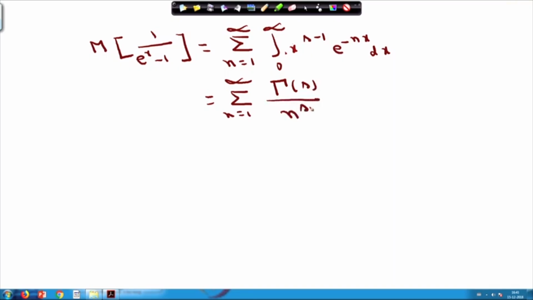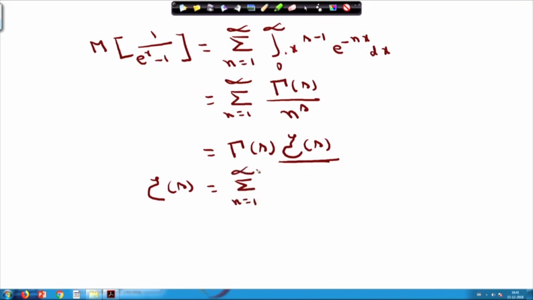I am not going into how I come to this, because these are standard integration results, so I am directly writing this equals summation n equals 1 to infinity gamma s by n to the power s, and this equals, I can write down, gamma s into zeta s, where zeta s is equal to summation n equals 1 to infinity 1 by n to the power s.